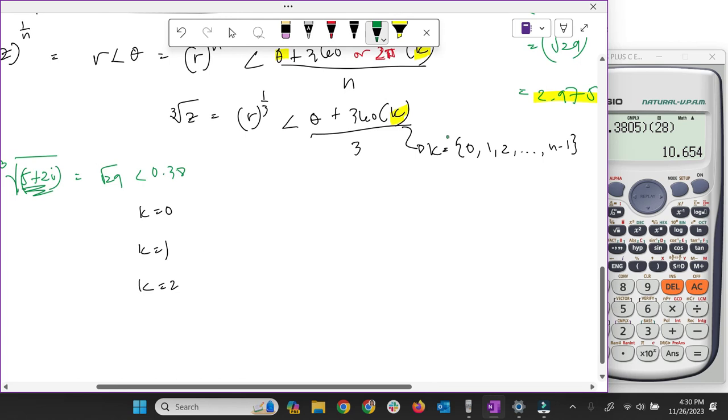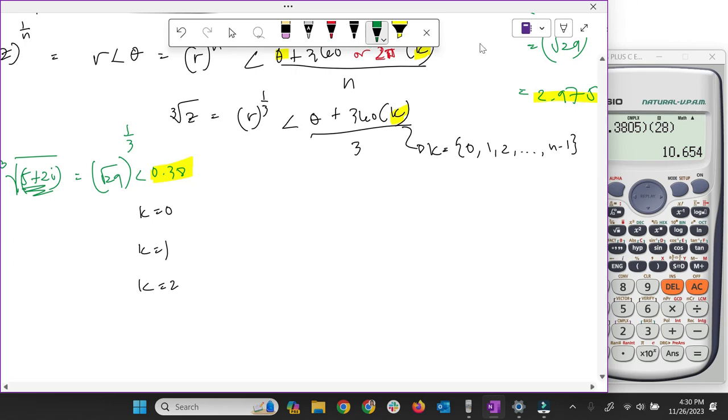And then, we proceed to the main operation, which is the roots. So, the real number will be raised to its exponent, which is 1/3. And then, this angle here, siya yung magbabago. Okay? Kapag roots, regardless kung pang ilang root yan, same yung real number na makukuha mo.